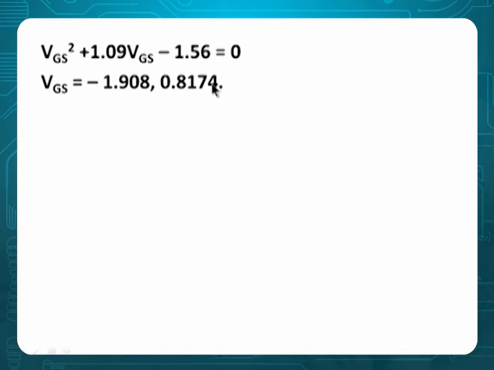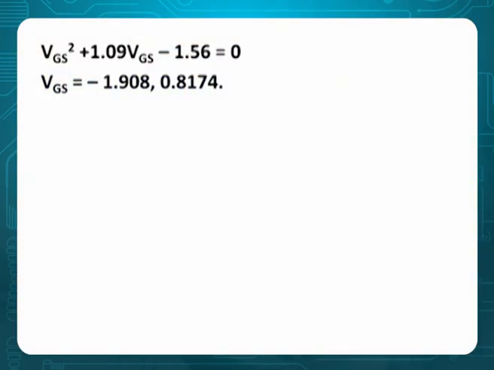Because here it is N channel, we have to take the negative value. Take VGS as minus 1.908 and solve for ID, and then substitute ID in the output equation and solve for VDS. The remaining procedure is same as previous.